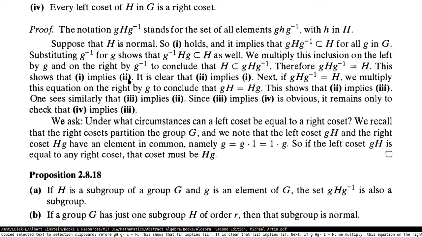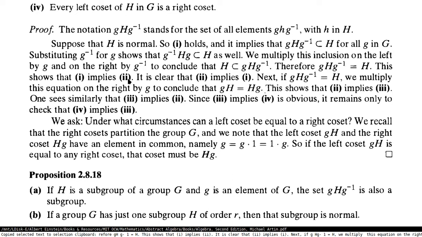What is common is the element you're multiplying, g, because when you multiply the identity on either side, it still stays g. So it's in either of these cosets. So if the left coset gH is equal to any right coset, that coset must be Hg. So 4 says that every left coset of H in G is a right coset.